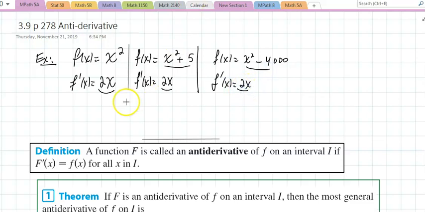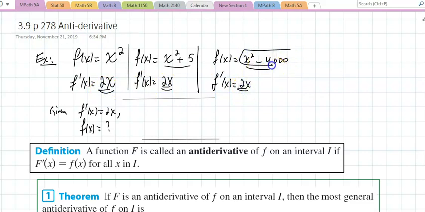Well, guess what? What if I told you now, given f prime of x equals 2x, can you tell me what f of x is? Well, think about it. Those three are the same, but those are not.